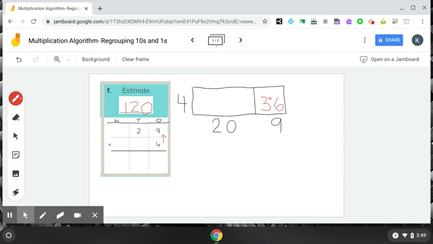Notice what has to come over into the tens place this time. Now we don't have just one 10, here we have 3 tens. So we're going to need to remember to add that over here in the tens place. That's going to be carried over, that 3. Now when we look at 4 groups of 20, I know 4 times 2 is 8.